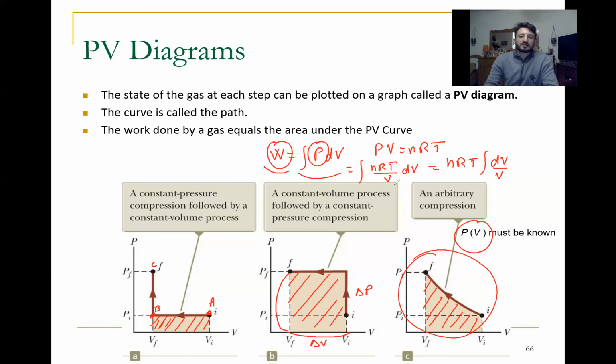Okay, here we will calculate the value of omega for each case: P constant, V constant, T constant, Q constant, or Q equal to 0. But here you have to know, in general, omega is the area under the line. PV is the relation between all the values of P and the values of V.